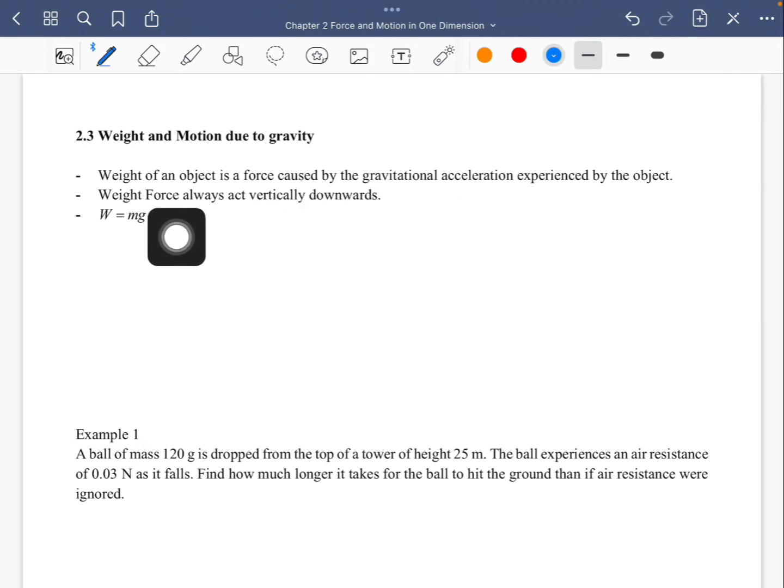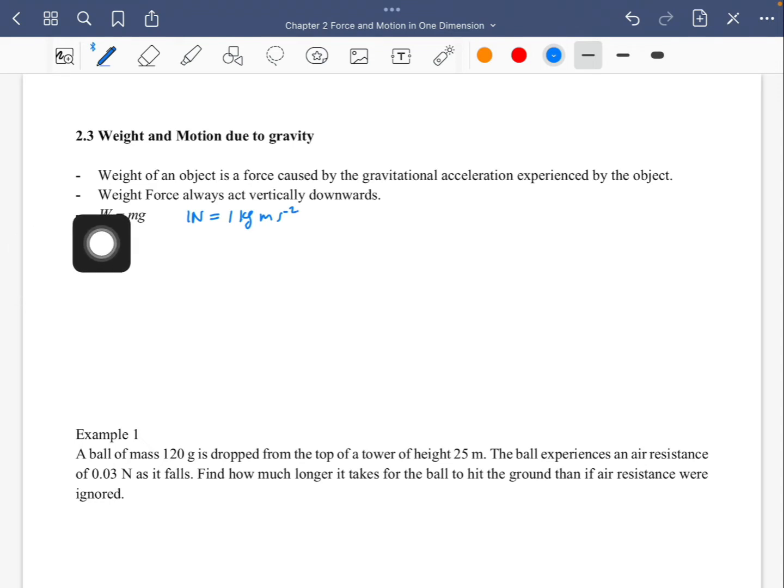We can get the force of weight by taking mass multiplied by gravity, with mass in kilograms and gravity in meters per second squared. The unit for weight is also the Newton, equivalent to 1 kilogram meter per second squared, as with the normal force we had before. That's the weight. And here I want to stress that weight is not equal to mass.